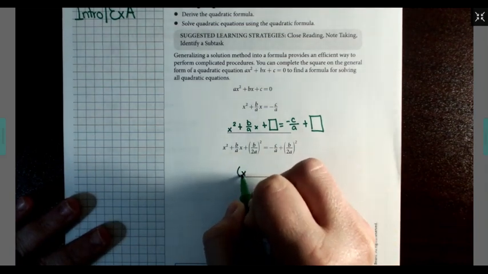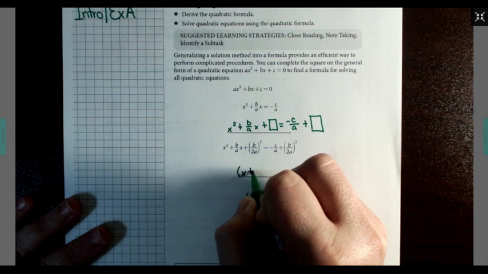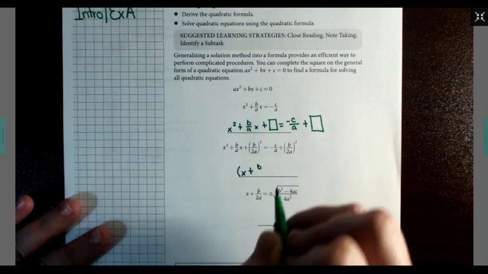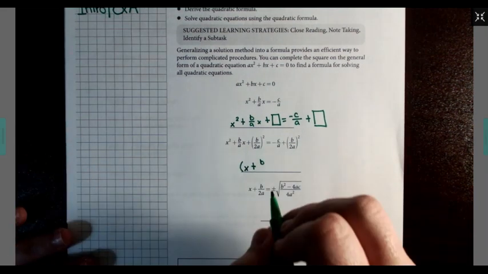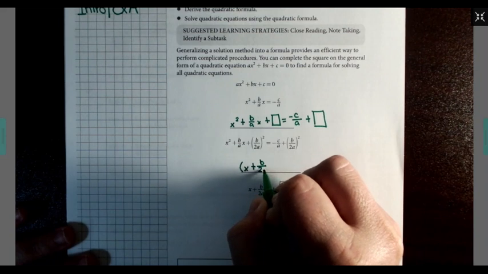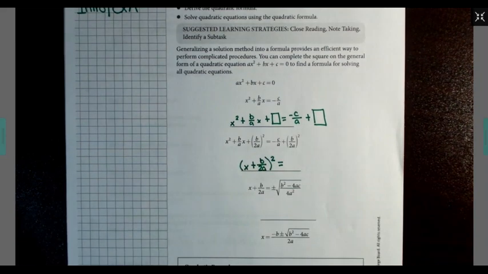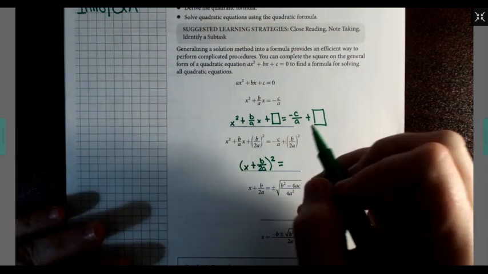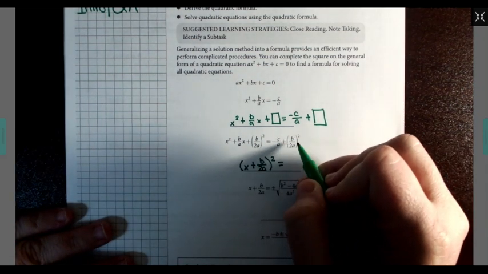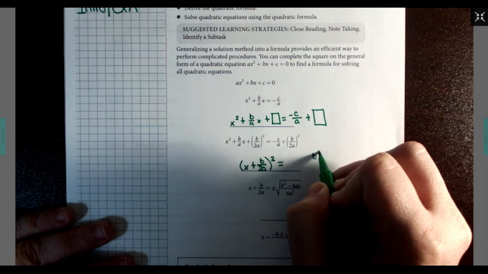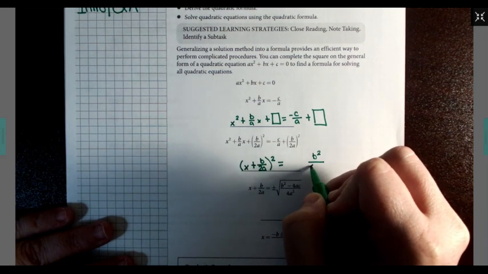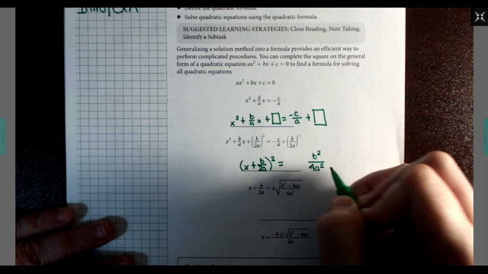That perfect square would be of the form x plus b over 2a squared equals. Well, we want to get it to the point where we can combine these things. So this squared would be b squared over 4a squared.